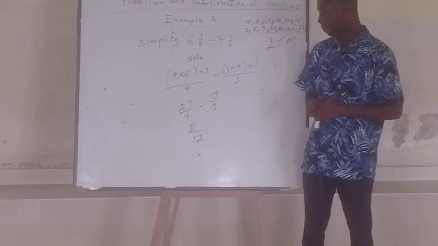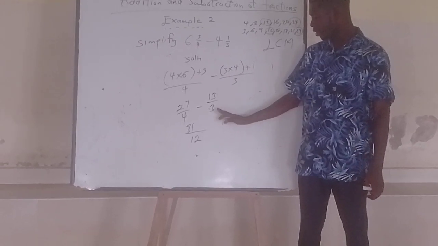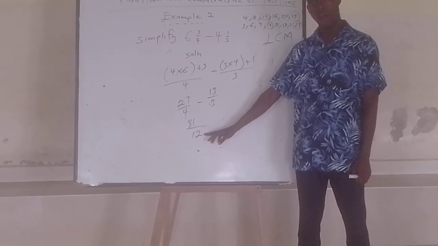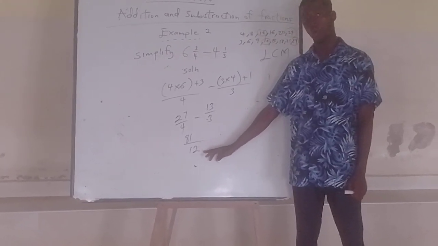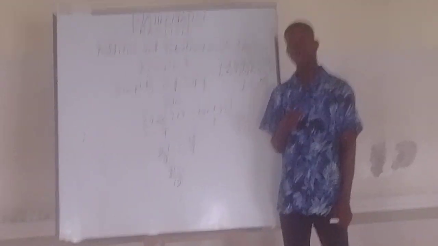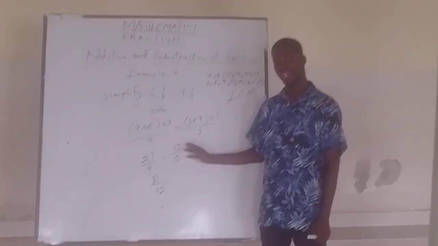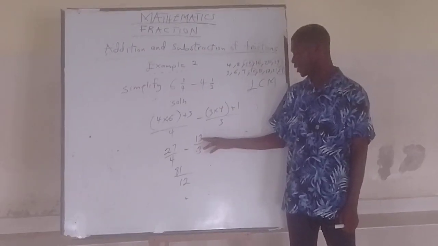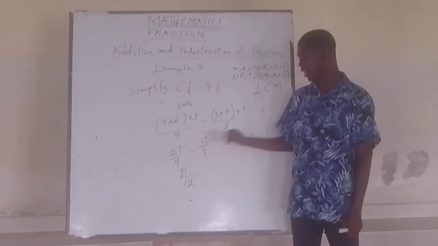Now, 3 here also goes into 12. How many times? 3 goes into 12 4 times. So you use the 4 to multiply the numerator. So 4 times 13. I think you get 52.